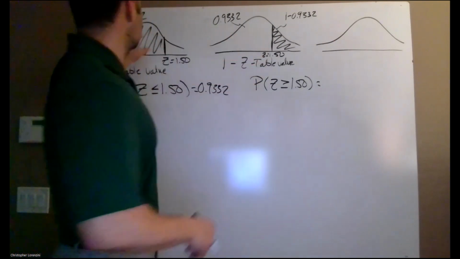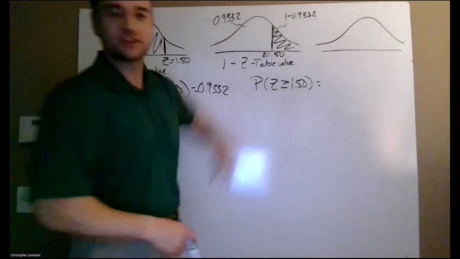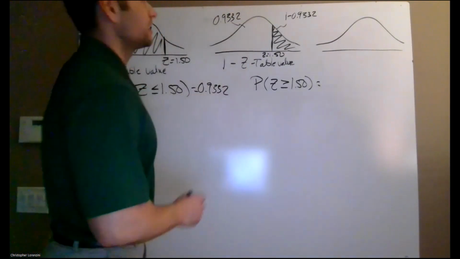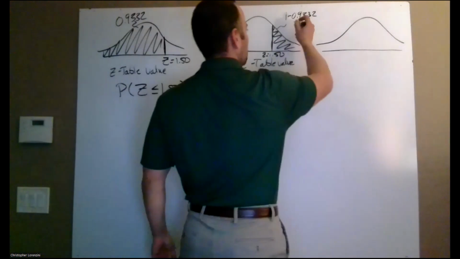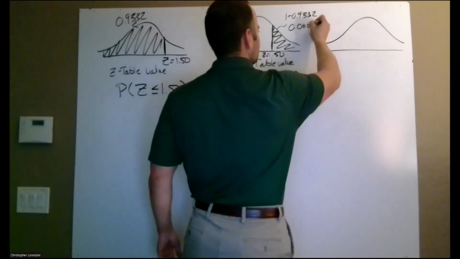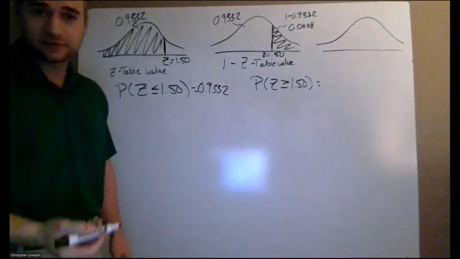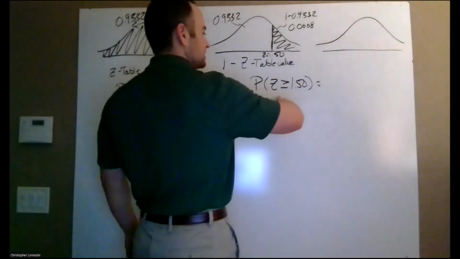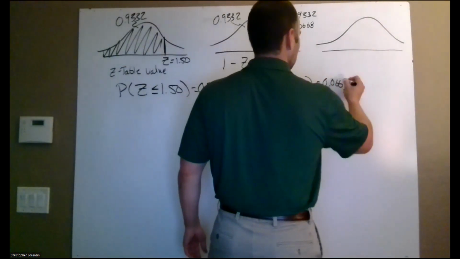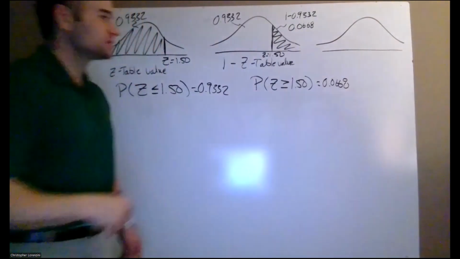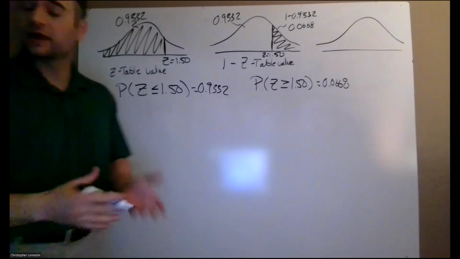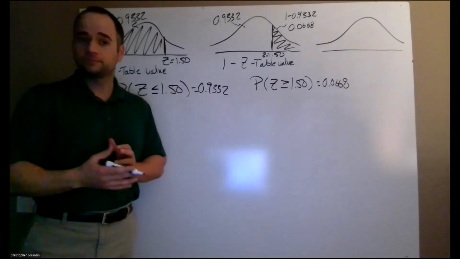So if I have this region plus this region, it will equal 1. That's where we get that 1 minus. So 1 minus 0.9332 becomes 0.0668. So the probability that z is greater than or equal to 1.5 would be 0.0668. And that's how we would go about looking up areas to the right.